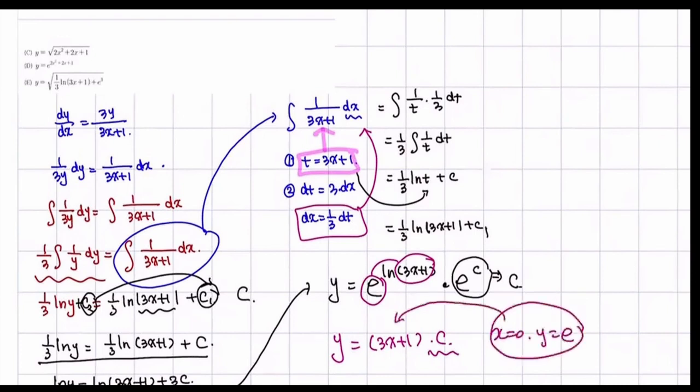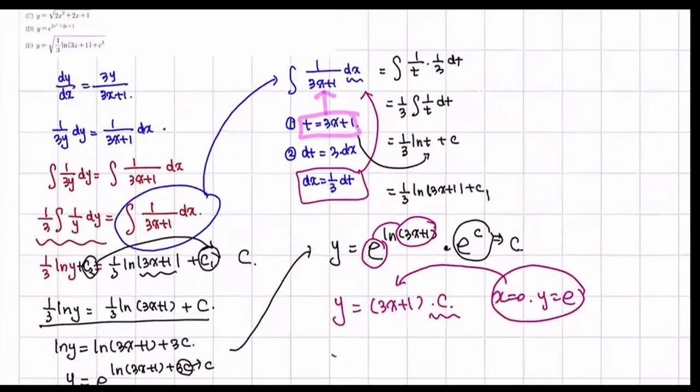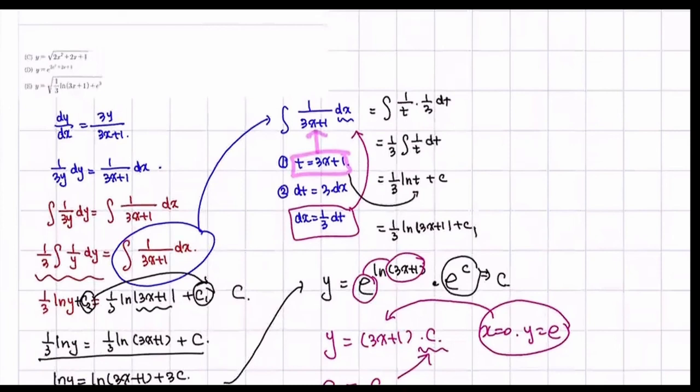Plug this value into the equation: e equals c. So c equals e, and the answer is y equals e times 3 times x plus 1. So the answer is B.